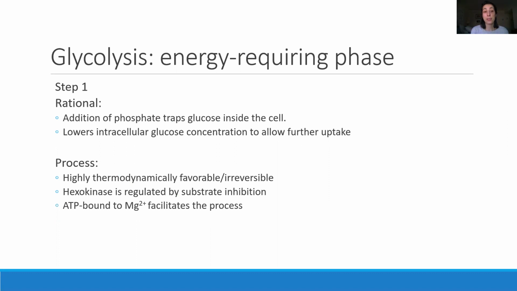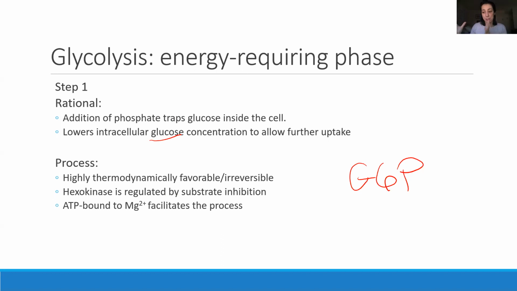It also is going to help lower the intracellular glucose concentration, because we've now converted glucose into glucose 6-phosphate, right? So what the cell sees is, I used to have 2 glucoses, but now I have 2 glucose 6-phosphates. Well, there's not enough glucose inside the cell, and it will start to bring more glucose in.